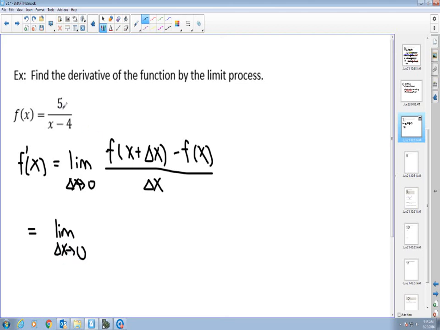So this is going to be 5 over x plus delta of x, then minus 4, minus the function itself, which is 5 over x minus 4. All right, whole thing divided by delta of x.